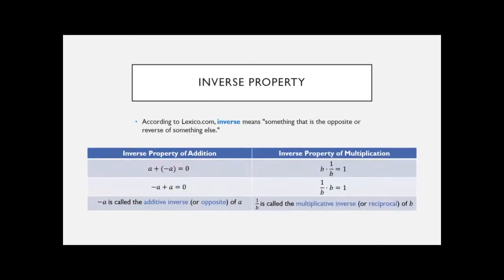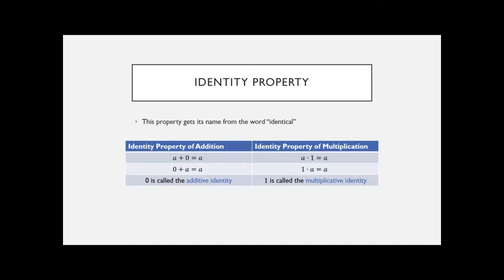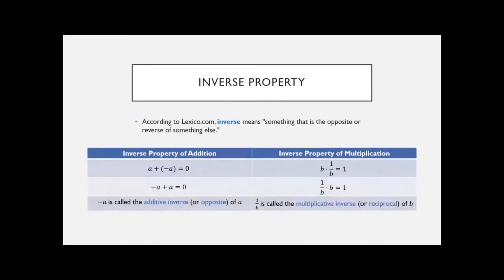Likewise, the inverse property of multiplication, the multiplicative inverse, gives you 1, which is the multiplicative identity. So these are related because your goal is to get the identity, and that's what gives you the inverse basically.